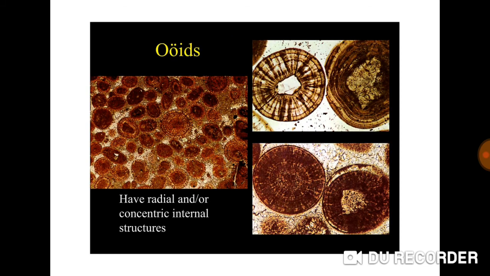Now the next one is ooid. Ooids have radial and or concentric internal structure, or we can say that these are spherical sand sized particles that have a concentric or radial internal structure.